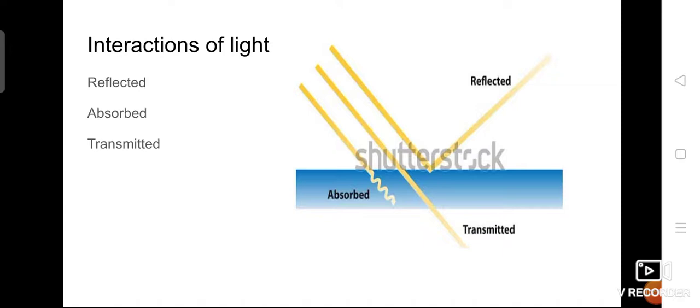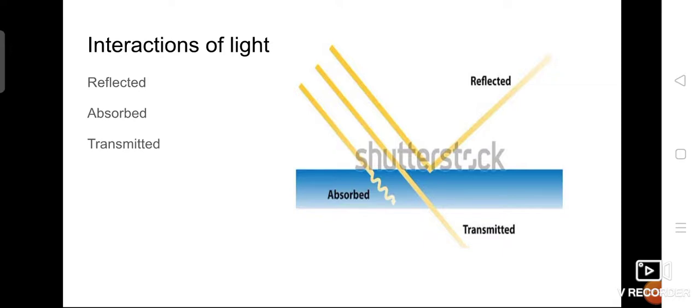When light falls on certain other objects, it gets absorbed by the objects, whereas in certain objects light gets transmitted. So these are the three different things that will happen when the light falls on an object.